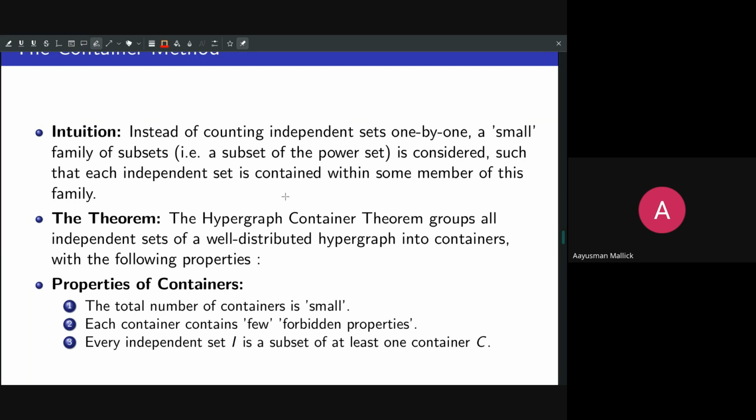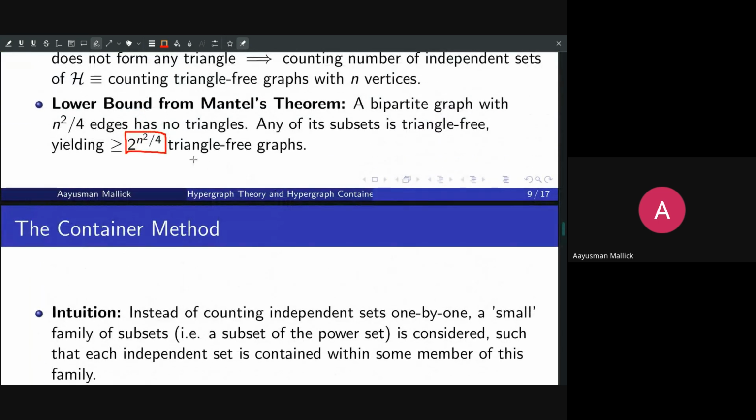So for the hypergraph container method, our intuition is that in the previous example, we counted each of the vertices one by one, and from that we counted each of the independent sets one by one.